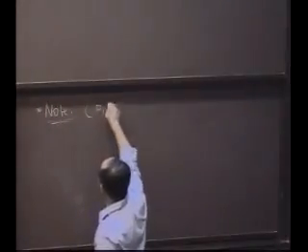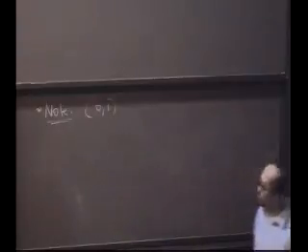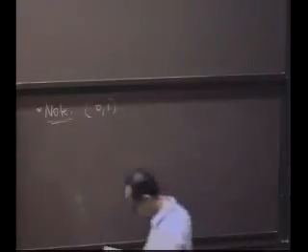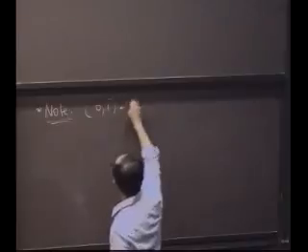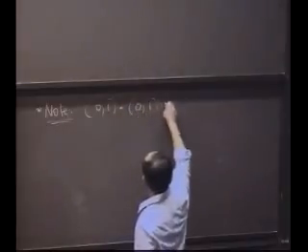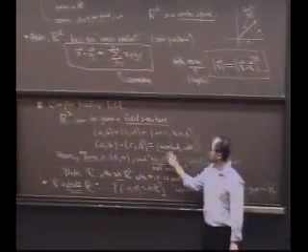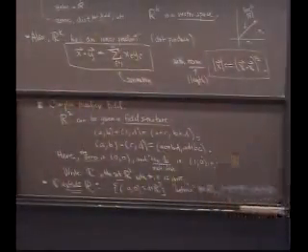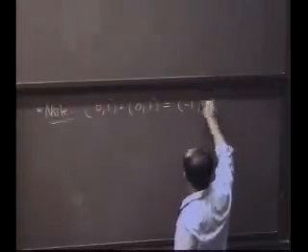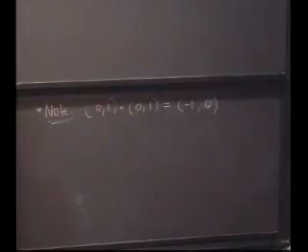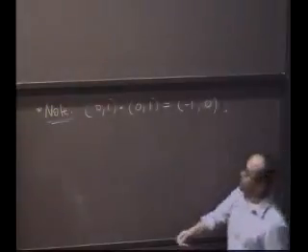So because of this, and because of the following property, here's another thing to notice. If I look at the element 0, 1, you can check that 0, 1 times 0, 1 under this arithmetic is, well, let's see, all the A's and C's are 0, and that makes this 0, and that makes this minus 1 times 1, which is minus 1, 0. So something very special happened here.